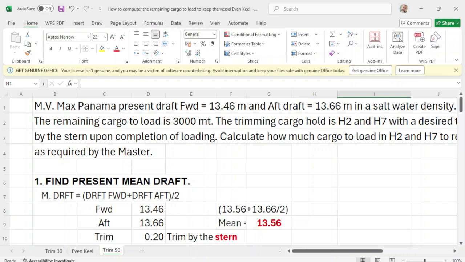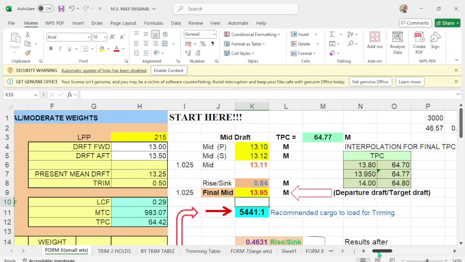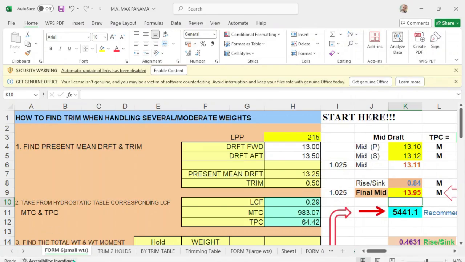So for this program, we start from Form number 6, small weights, which is how to find trim when handling several moderate weights. What was our initial drop?